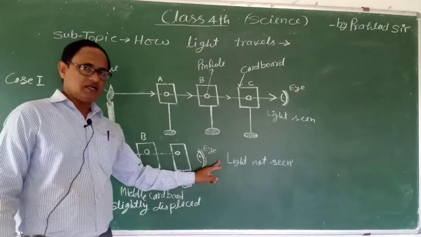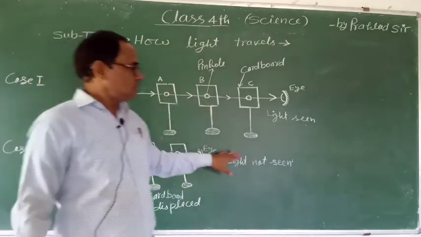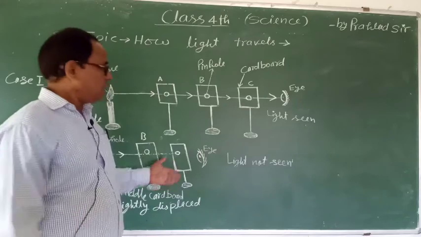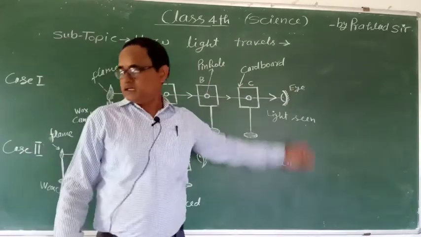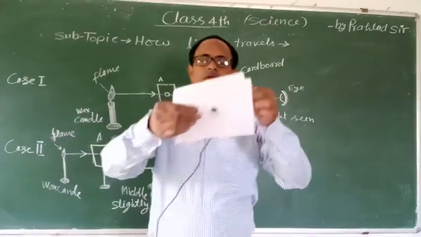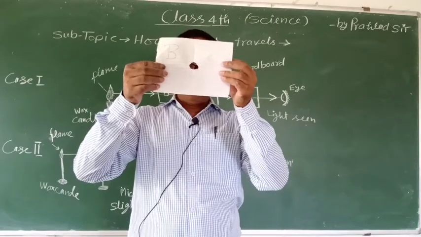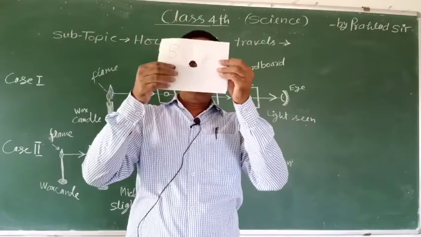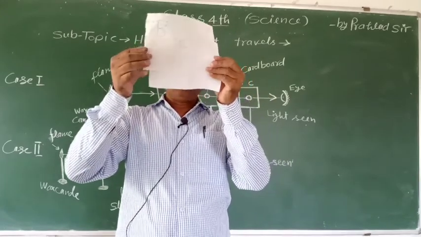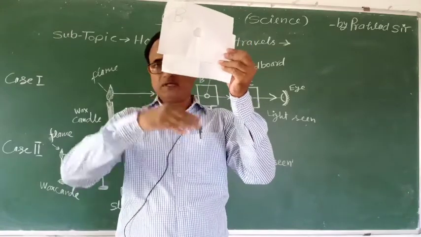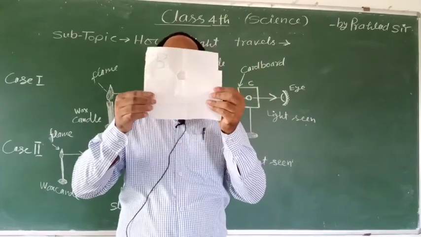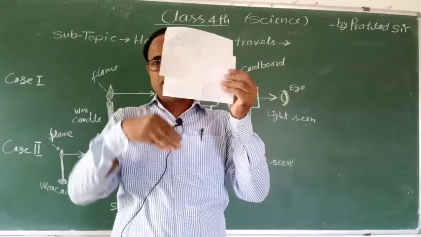So by these observations, we can show that light always moves in a straight line. Look here, if the holes are at the same level, we can see from one side to the other, but if slightly displaced, the level of the pinholes is disturbed up and down, and then we cannot see from one side to the other.